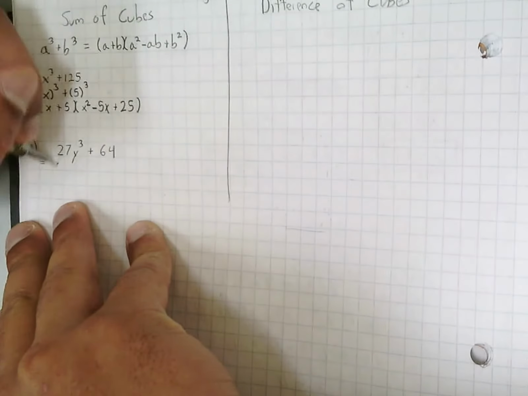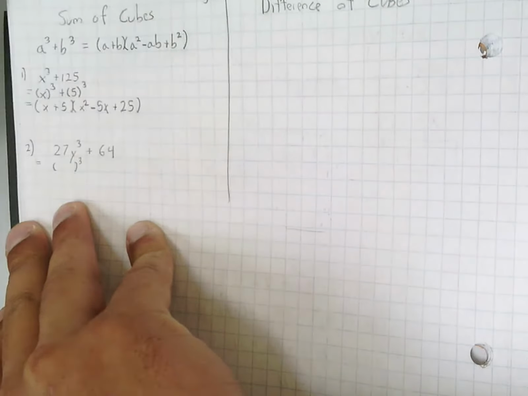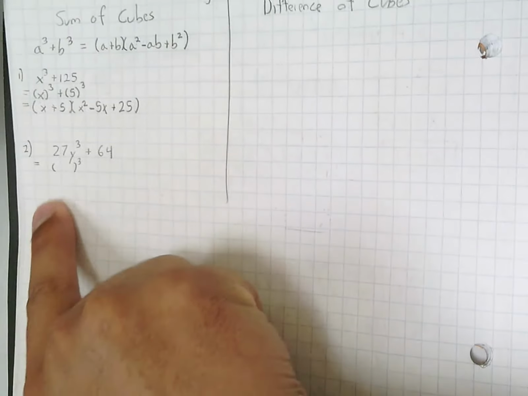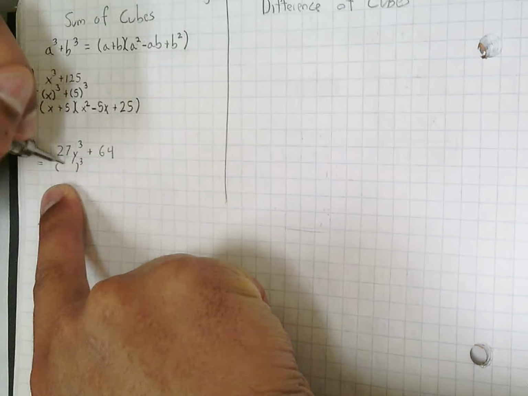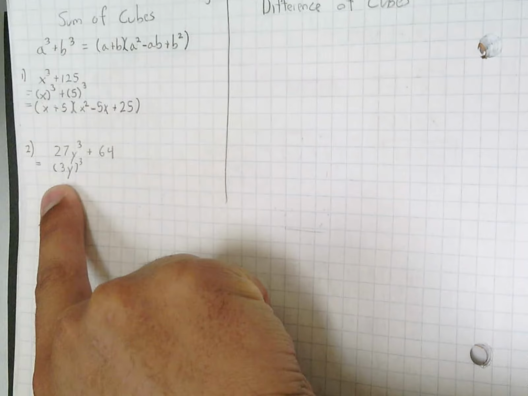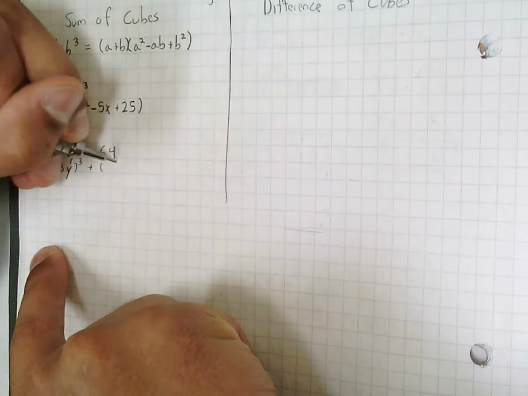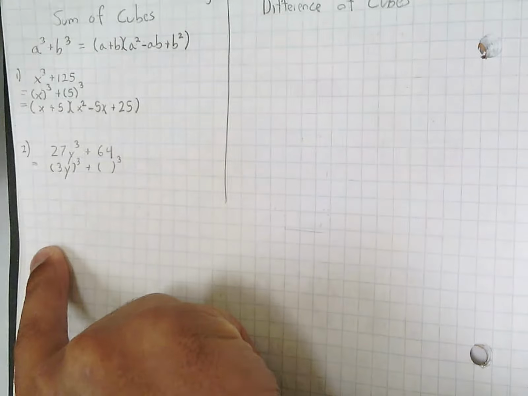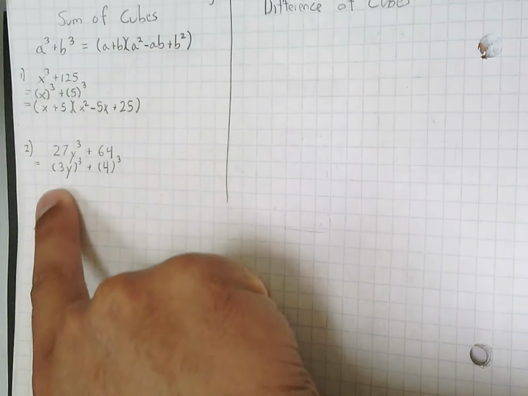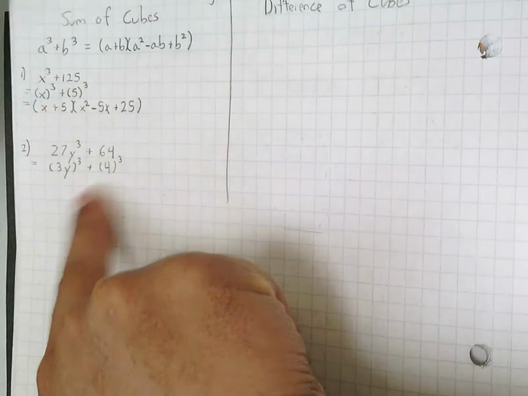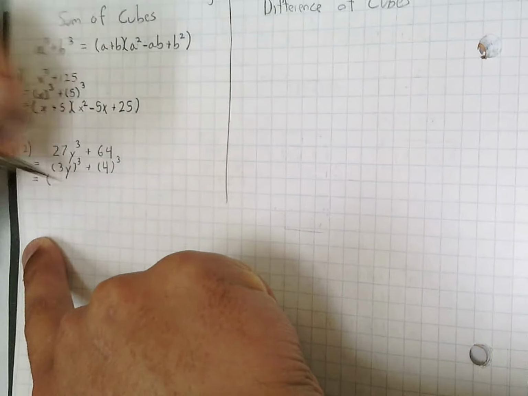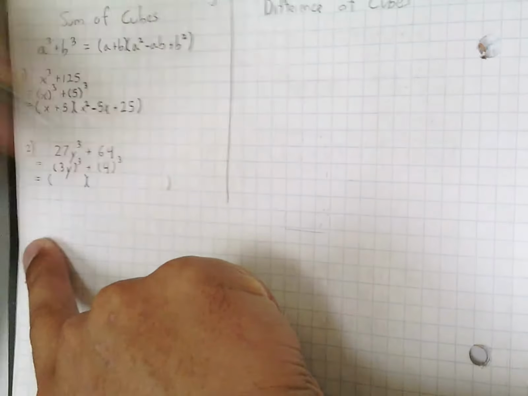Meaning I can rewrite 27y cubed as something cubed. Well, that would be 3y. 3y to the third power is 27y cubed, plus what cubed is 64? 4. So my a value is 3y, my b value is 4. So I can go ahead and factor this now.